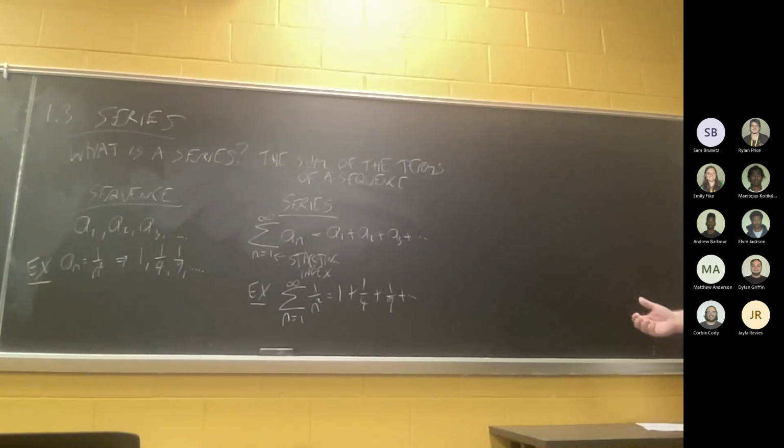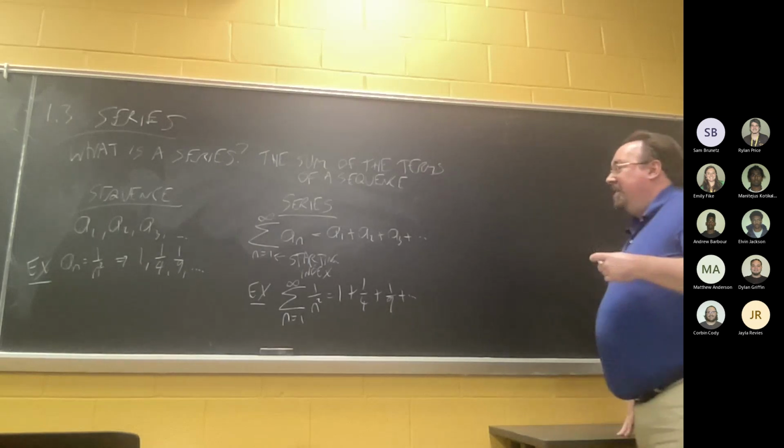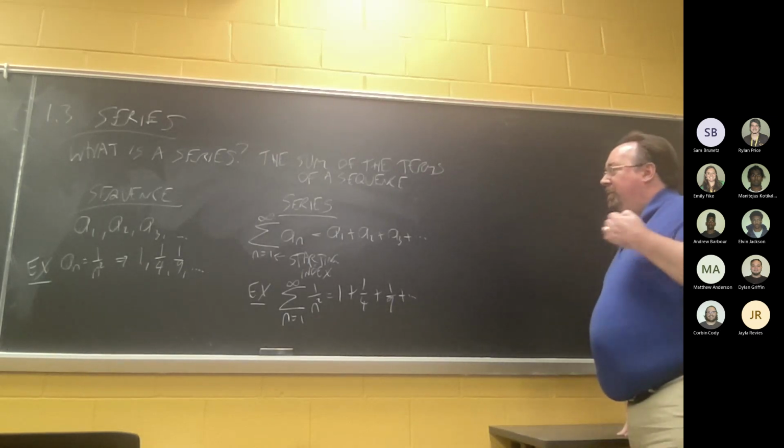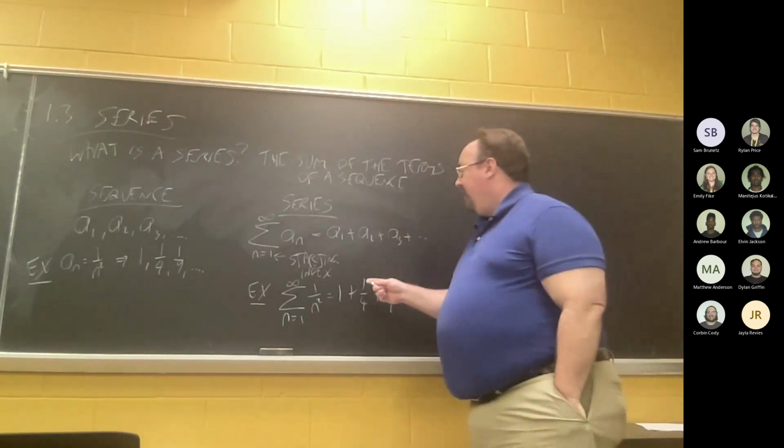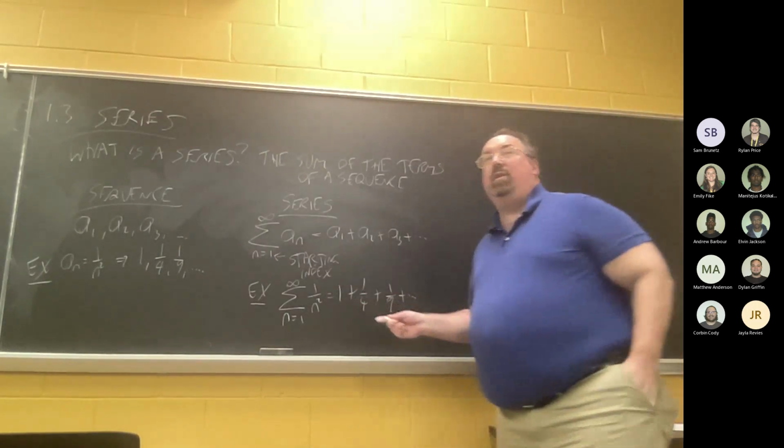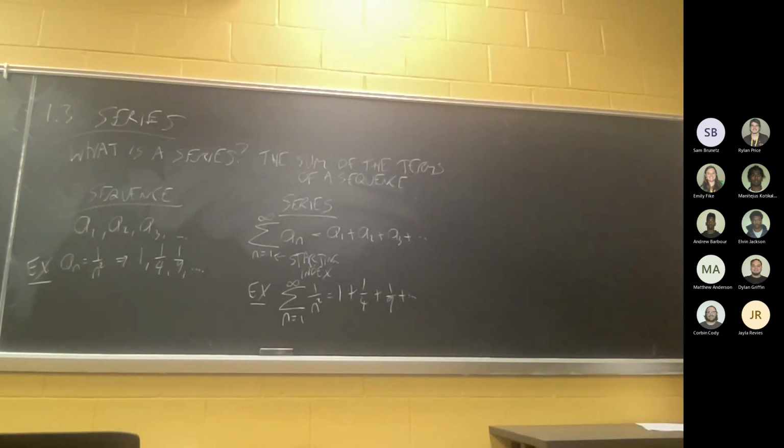Series, we're adding them all up, or at least we're attempting to. So the question we're going to try to answer with a lot of series is, what is the sum of all of these? Or is the sum at least a finite number? Sometimes it will be, sometimes it won't. It may be going off to infinity. Okay.